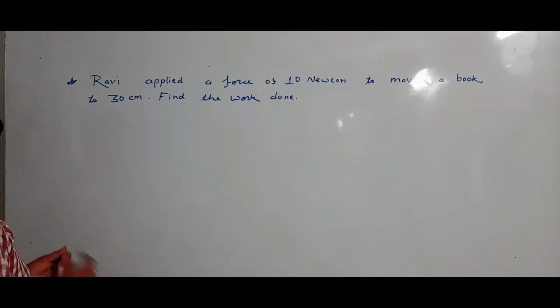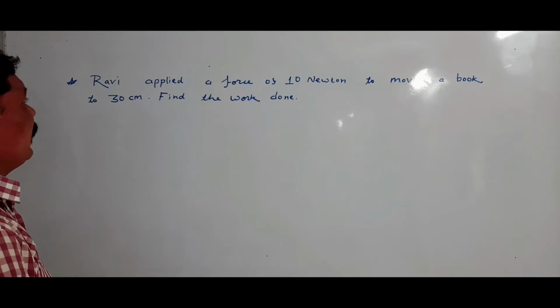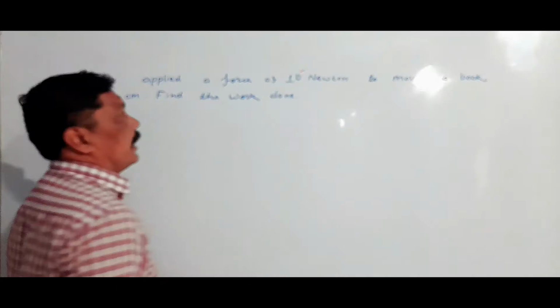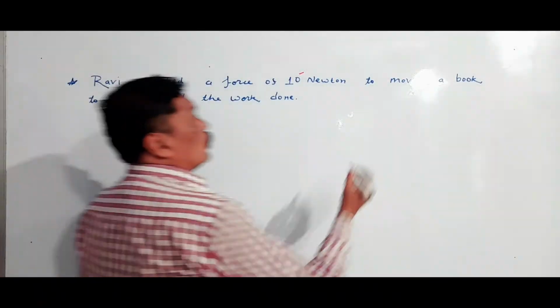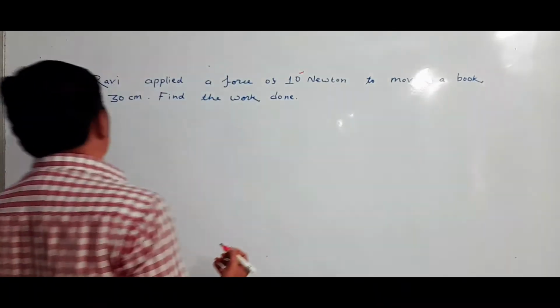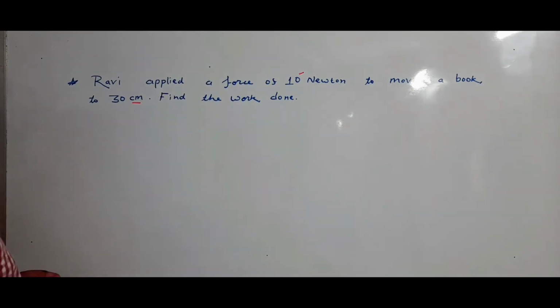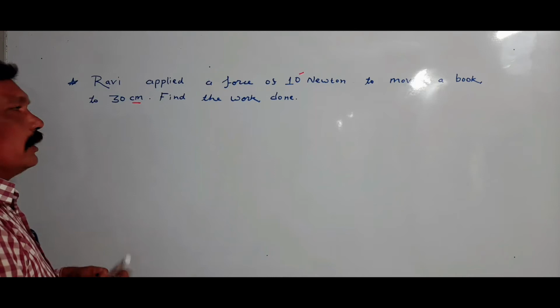First we'll read the problem and try to understand it. Ravi applied a force of 10 Newton to move a book 30 centimeter. Find the work done.